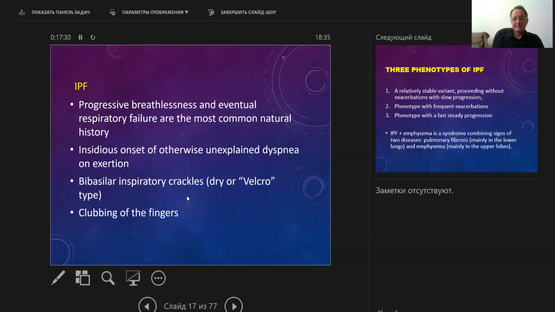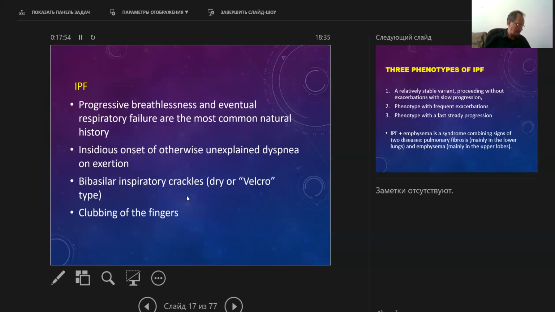So progressive breathlessness and eventual respiratory failure are the most common natural history. Insidious onset of otherwise unexplained dyspnea on exertion, basilar inspiratory crackles. It's dry or Velcro type.